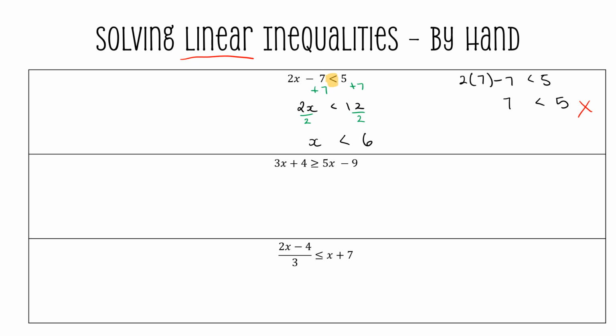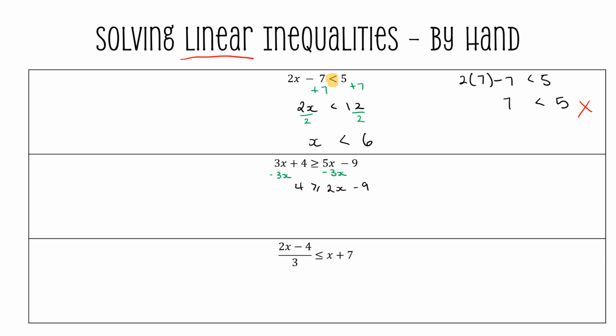Now, once again, same thing applies, but I've got variables on both sides. So it's up to you how you approach this, but I'm going to start by subtracting 3x from both sides. That's going to give me 4 is greater than or equal to 2x minus 9.